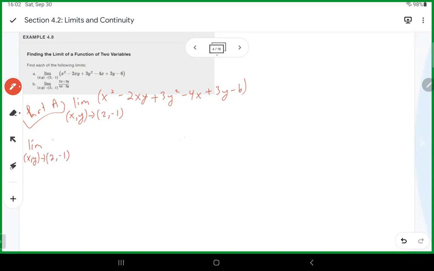The first part is going to be the x squared, and then minus, and now it's the whole limit as (x, y) goes to (2, -1) of 2xy plus, and you get the idea here. As we keep going, we're going to start pulling the stuff out too, but we'll write each step for the first one. We won't combine any steps.